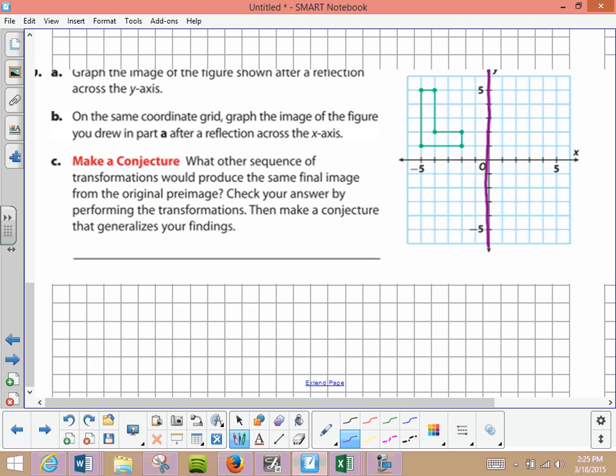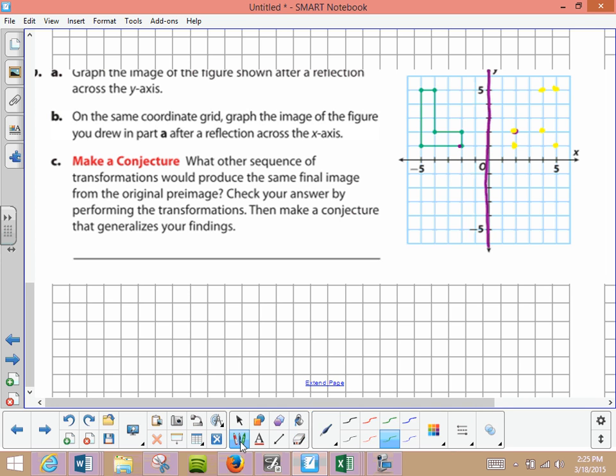What is the easiest way to do that? Count the units away from the y-axis, right? And do it on the other side. 1, 2. So it should be right here for the next one. 1, 2. Use a different color. Right here. And that one is 5, so it should be 5. That one is 4. And the one on top is 3. And the one over there is, oops, right here. Messed that one up, sorry.